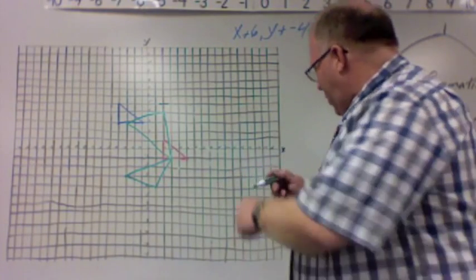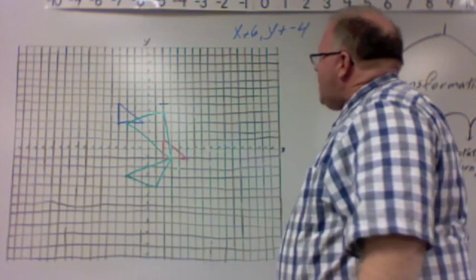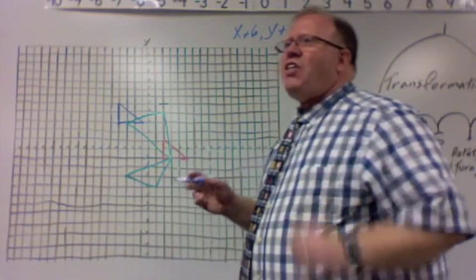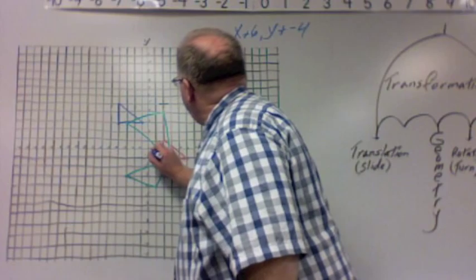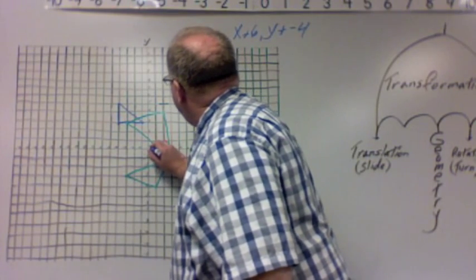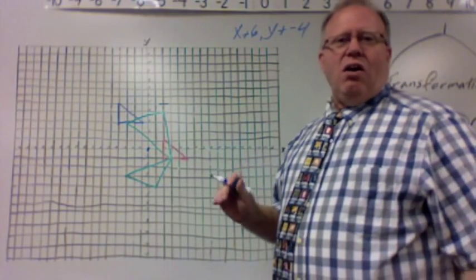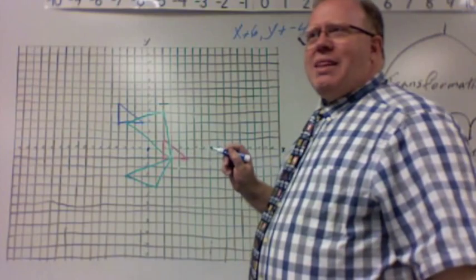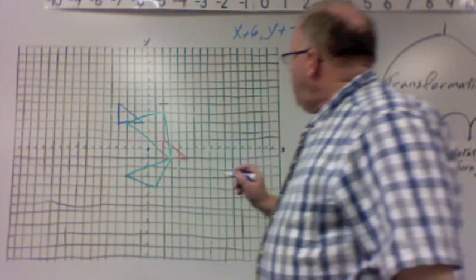So now we have a rotation. Let me get a different color pin here. I think I'll use blue. Okay. And so we're going to start with 0, 0. That's going to put us right here. Remember, 0, 0 is going to be right dead center at the x and y axis. Okay. And then we're going to do 3 and 0.